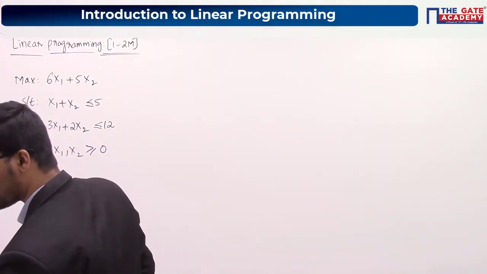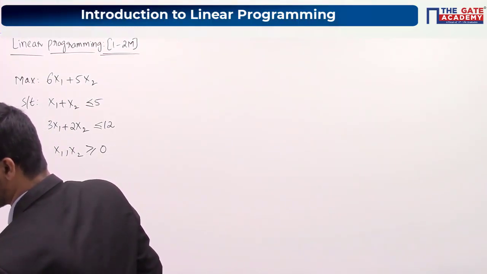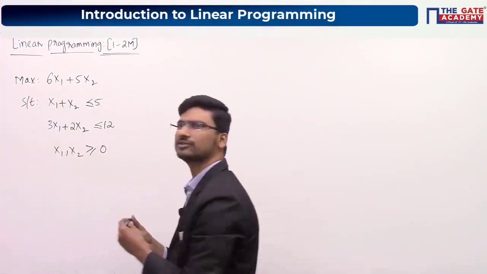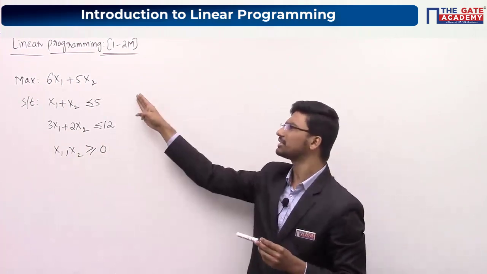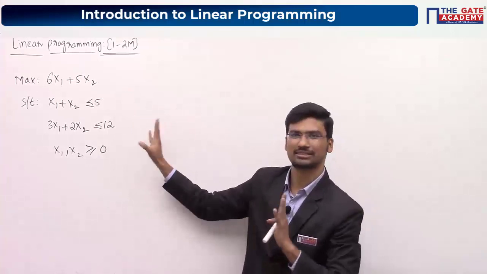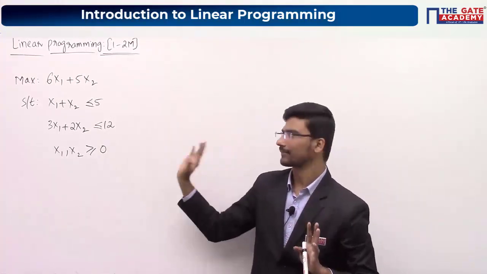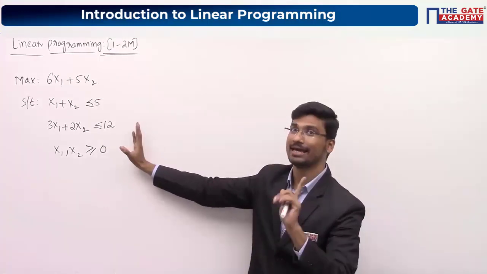This problem is similar to the previous problem, which was also a maximization problem subject to some constraints. Just to take small values I am taking this problem. Let us say this is directly given in the question.